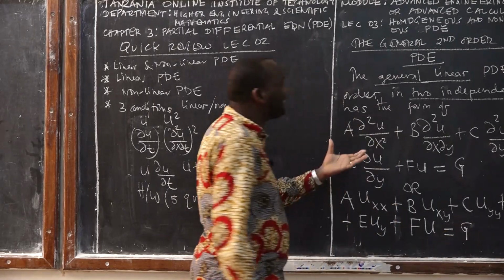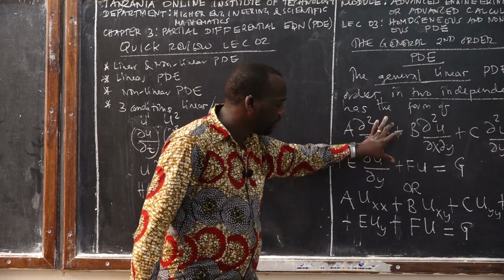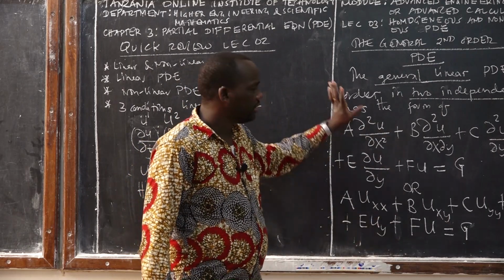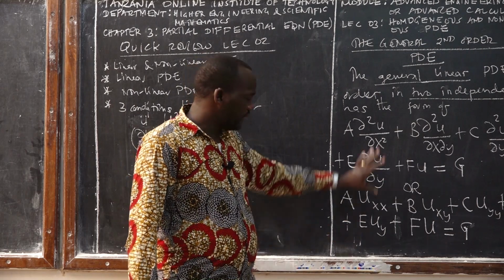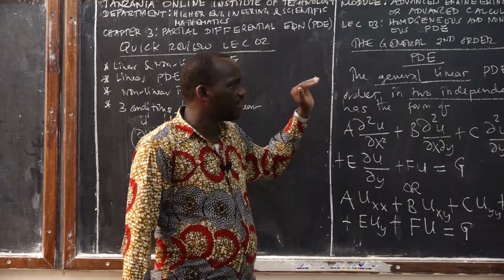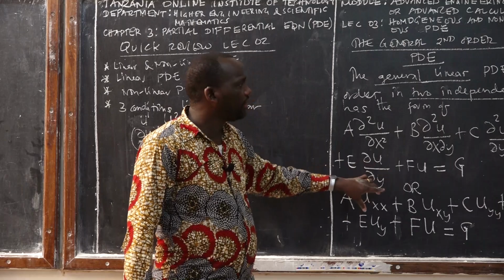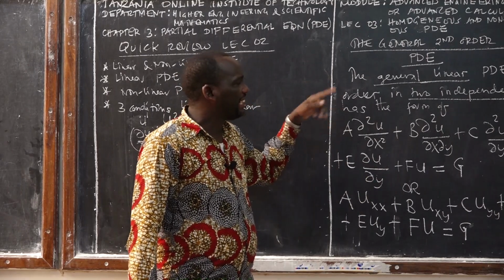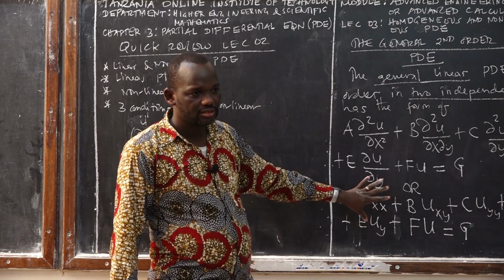So whether you write the general second order linear partial differential equation in this form or in this form, it's correct. Why am I teaching about the general second order linear partial differential equation? Because we'll be using this equation to state whether a given partial differential equation is homogeneous or non-homogeneous.